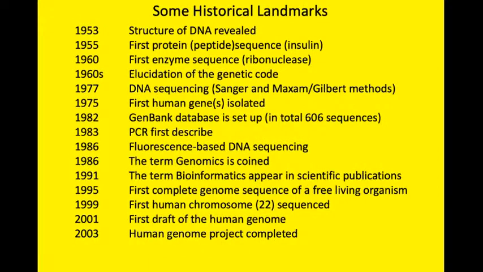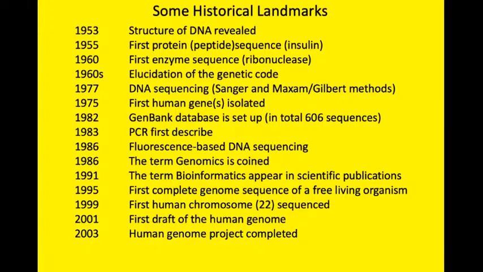So some historical landmarks: in 1953 the structure of DNA was revealed. Then in the 60s, elaboration of the genetic code. Then in the 80s gene databases were set up. Then in the 90s the term bioinformatics appeared in scientific publications. Then in 2000 the first draft of the human genome was produced.